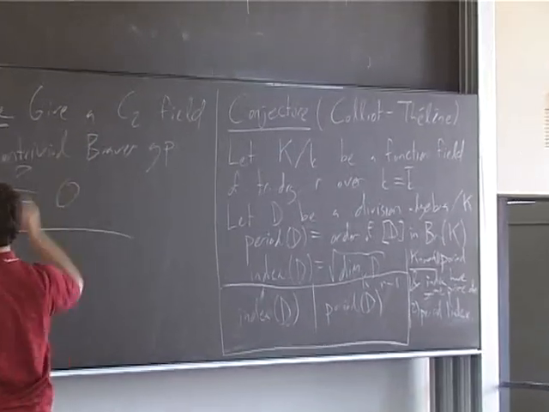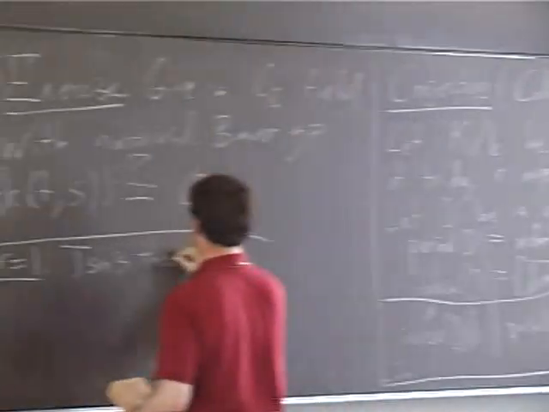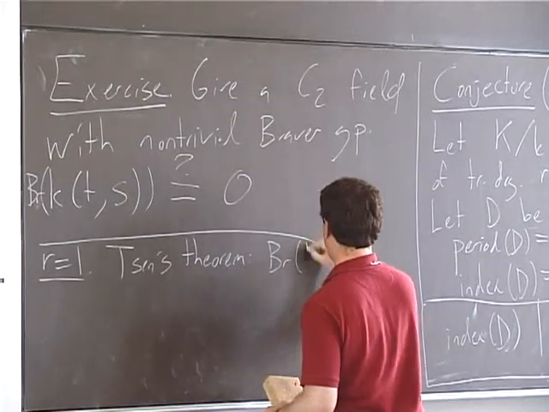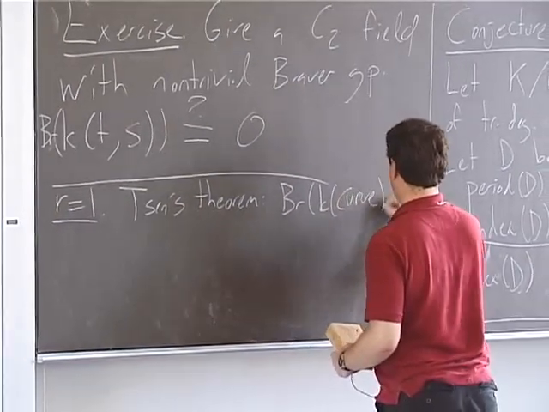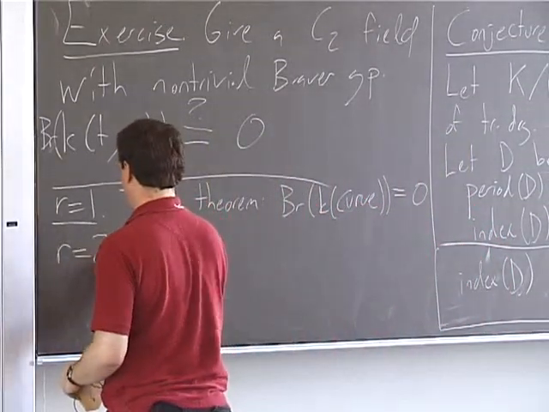This is that theorem we just proved, which is often called Tsen's theorem. I mean, even though it's a consequence of Tsen's theorem, this says that the Brauer group of a function field of a curve is trivial. But then r equals 2, this is a theorem of Johan de Jong.